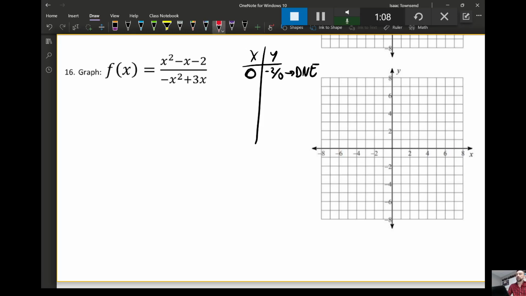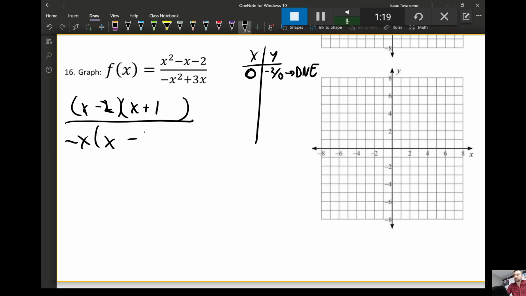I guess I could just go ahead and factor the numerator and factor the denominator. The numerator would be a trinomial, and the denominator was just GCF.